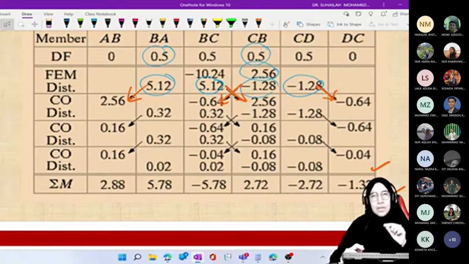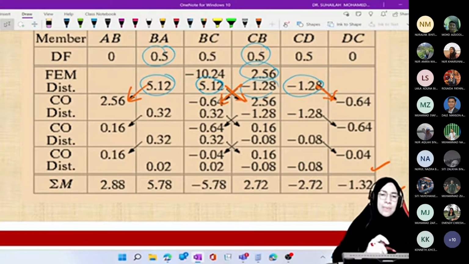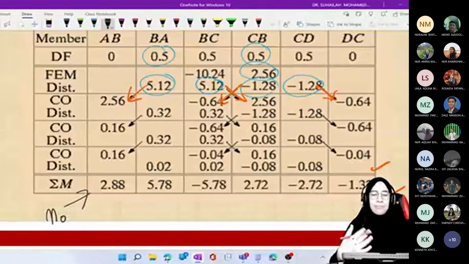The moment in the first table refers to diagram B. Diagram B, we can label as M not.